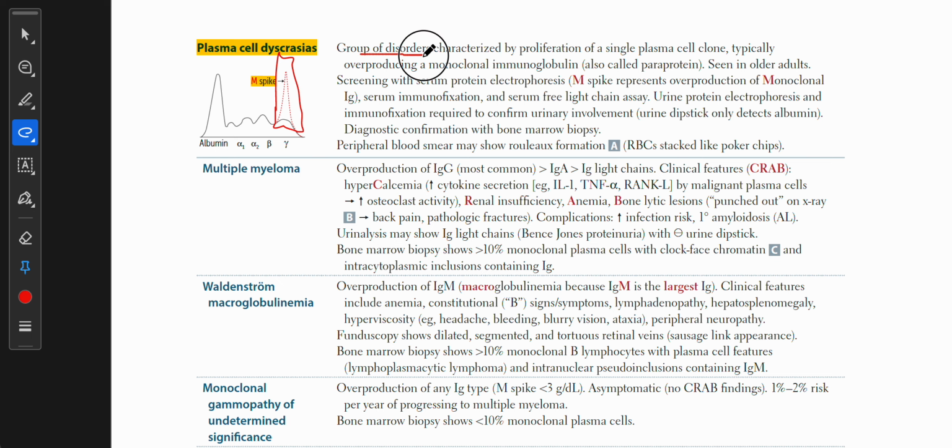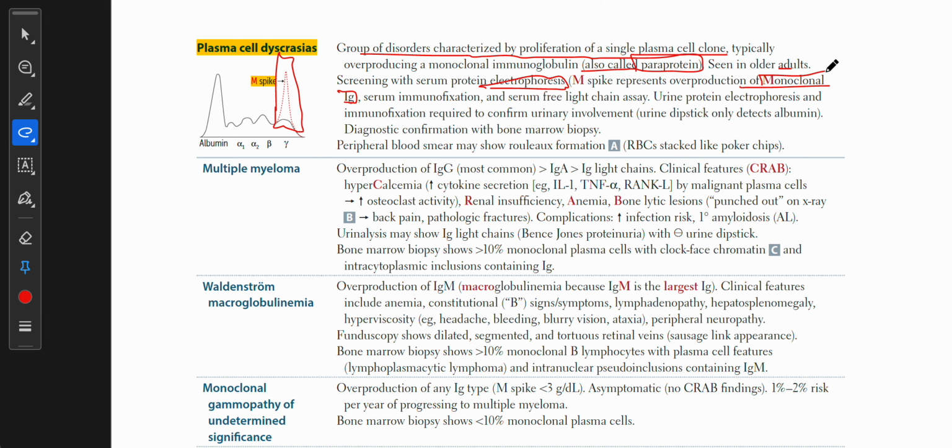These are a group of disorders characterized by proliferation of a single plasma cell clone, typically overproducing a monoclonal immunoglobulin, also called paraprotein. This is seen in older adults. Screening is with serum protein electrophoresis. The M spike represents overproduction of monoclonal immunoglobulin. This is the characteristic feature.